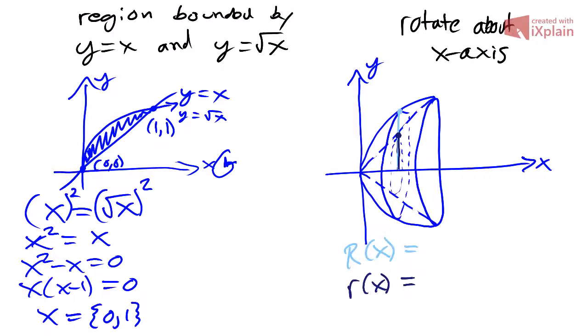So the lengths of these radii end up being just the curves themselves. So the large radius from here to here, that's radical x. And then the small radius from here to here, that is just x, right? That distance ends up being x, that length.